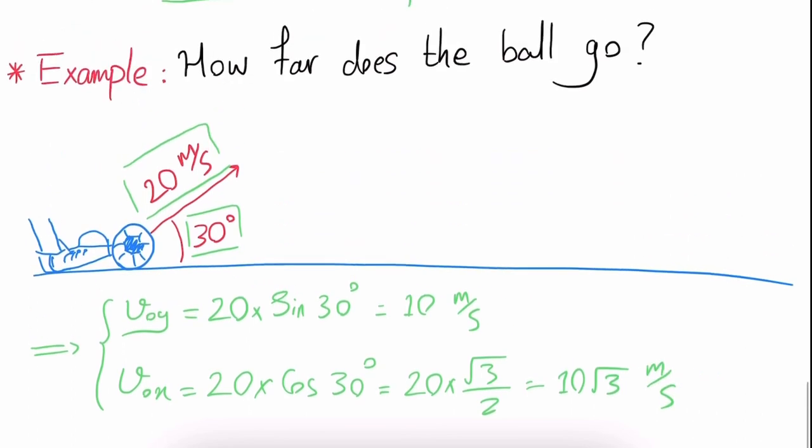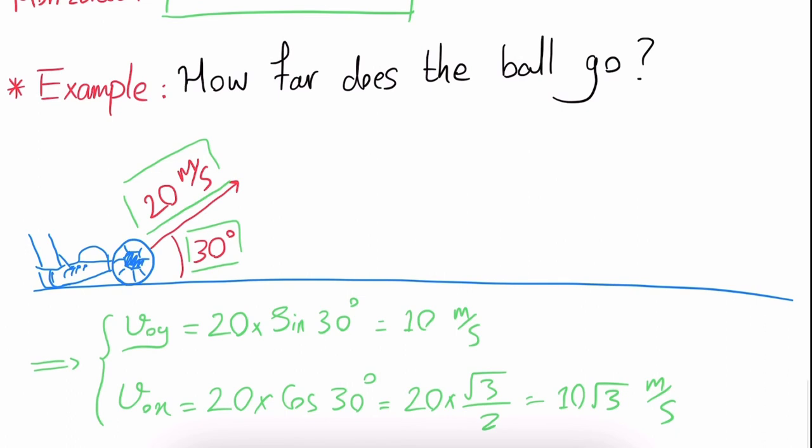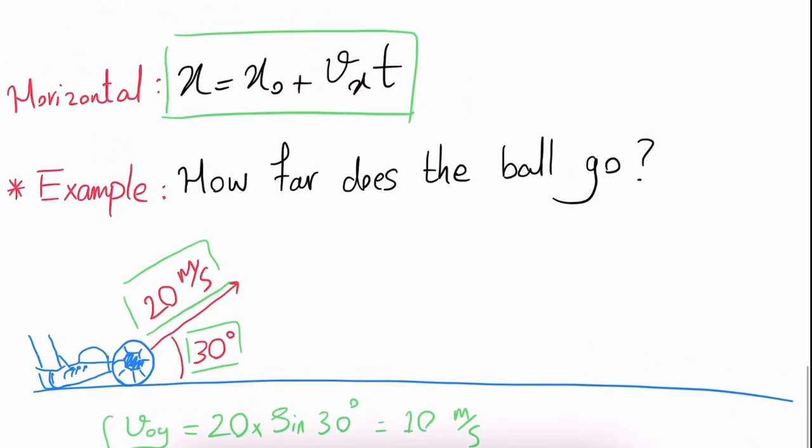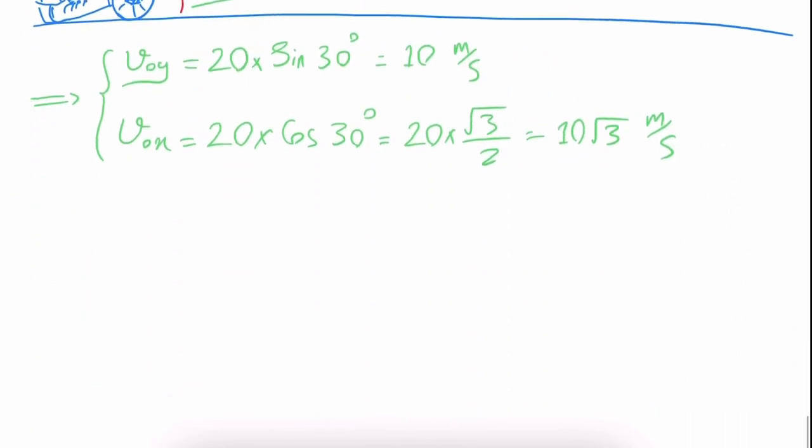Now, the question is asking us how far the ball goes. Therefore, we have to use this equation, as I explained. So we have x equals x0 plus 10 times the square root of 3 times t.